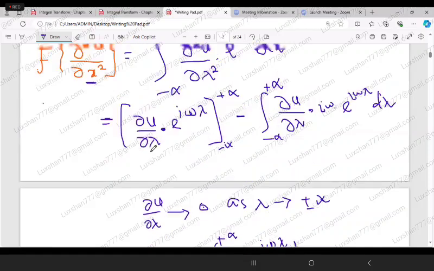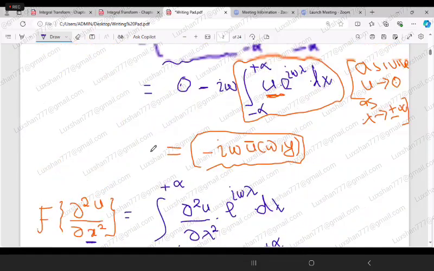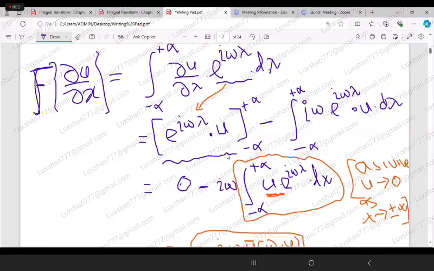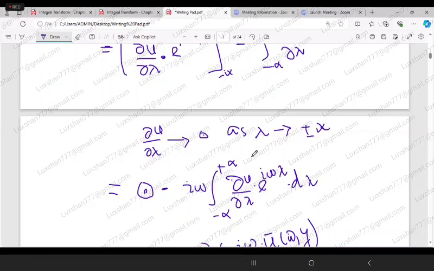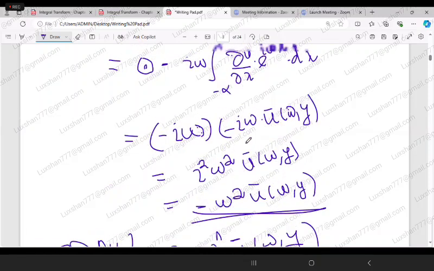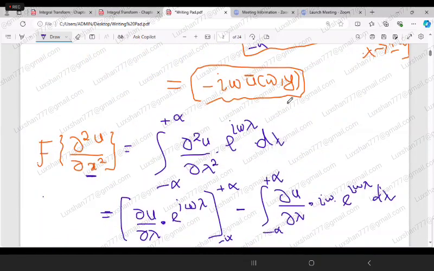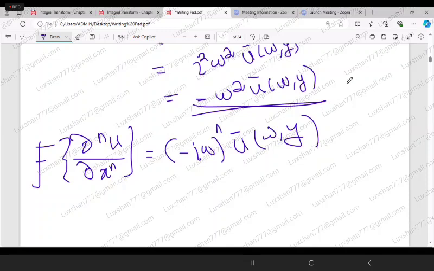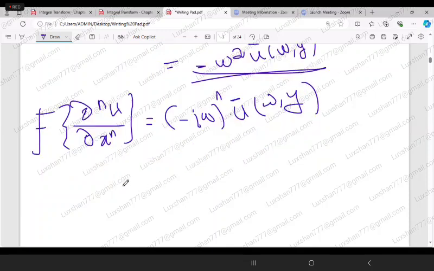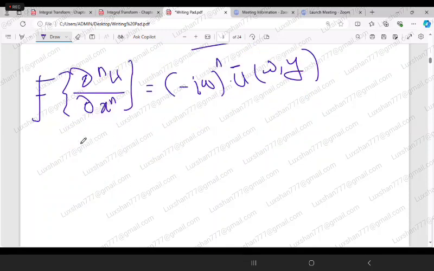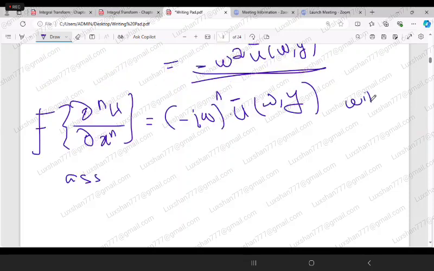Look at the assumption: here we are taking u tends to 0, and here we are taking ∂u/∂λ tends to 0. Therefore, we are already using this result also. So this is true under the condition, with the assumptions.